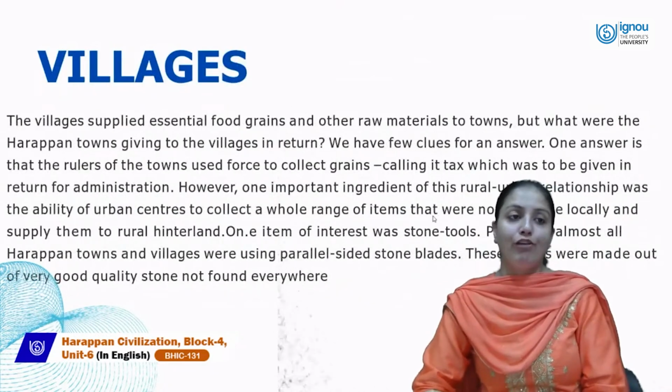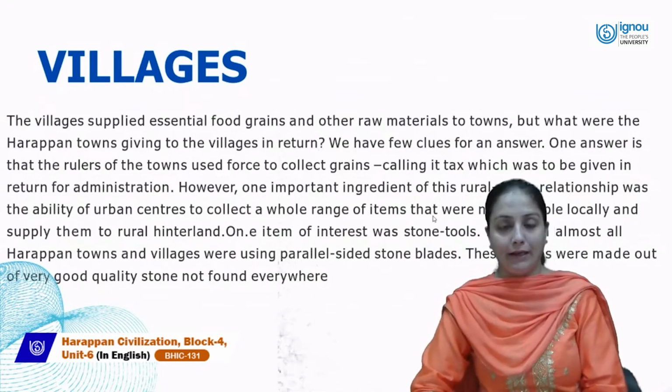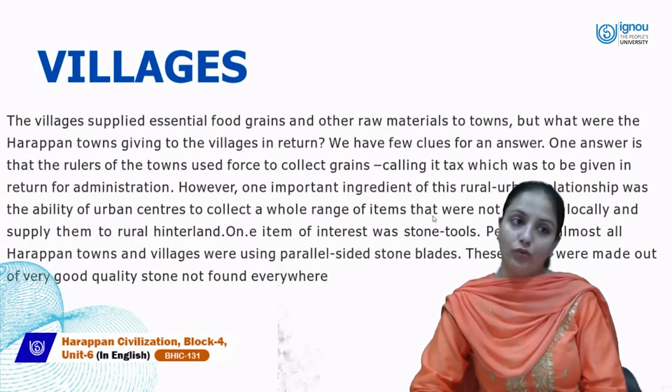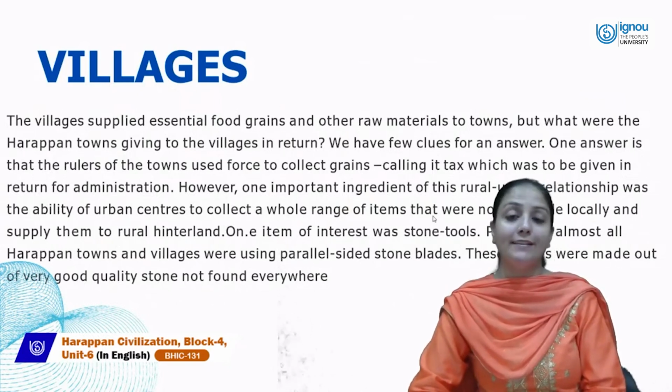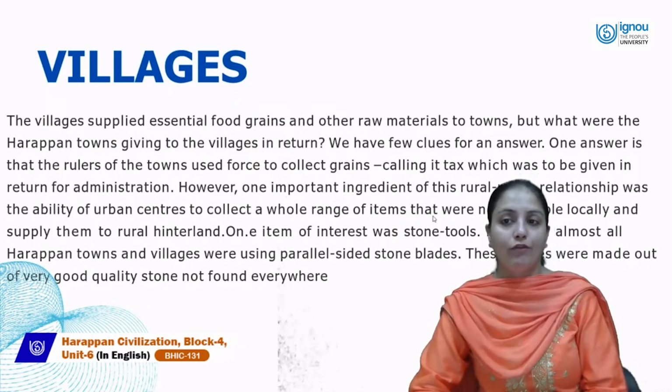Next is villages. Villages supplied essential food, grains and other raw materials to towns. But what were the Harappan towns giving to the villages in return? We have few clues for an answer.